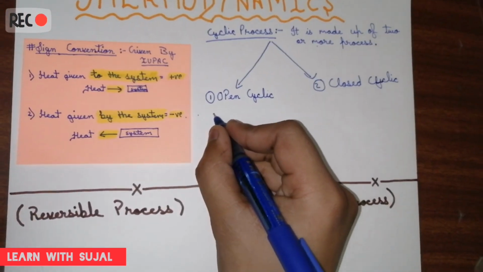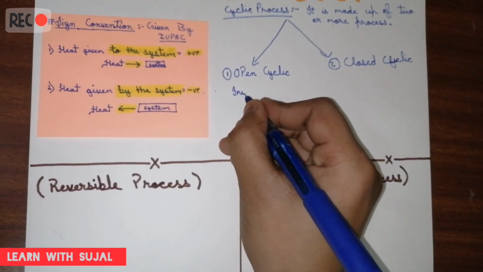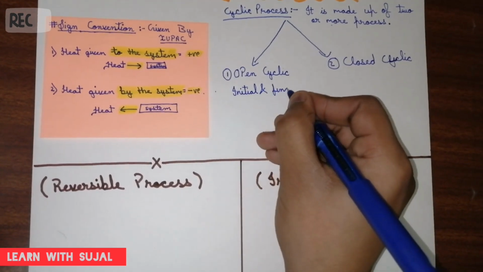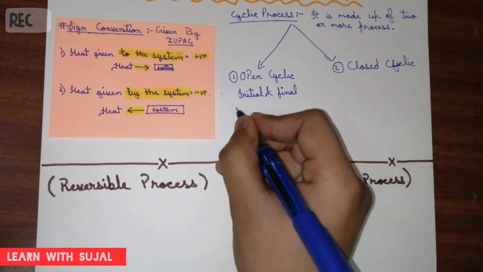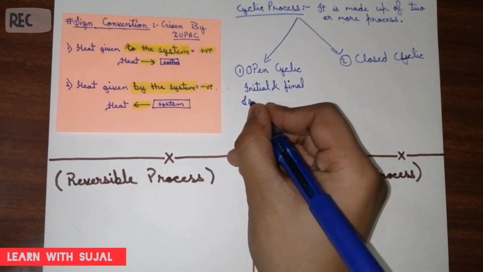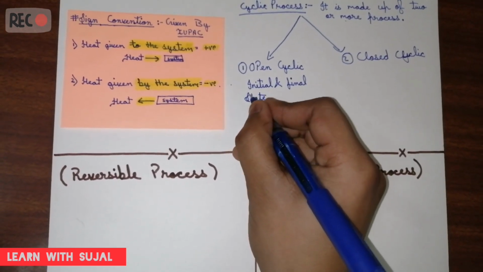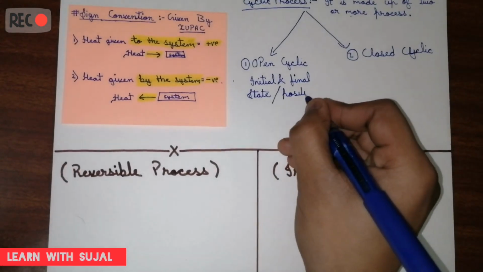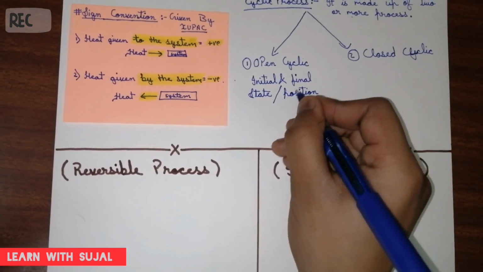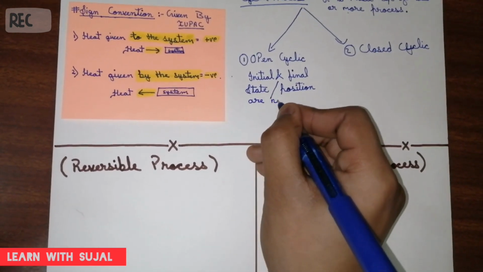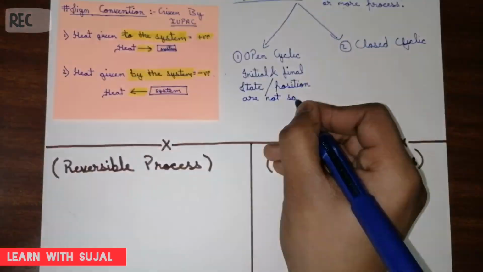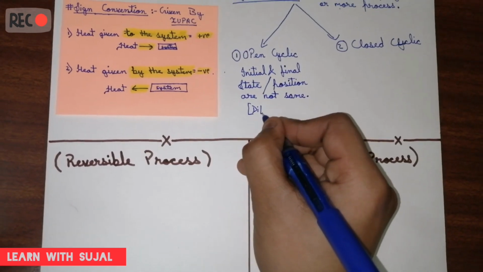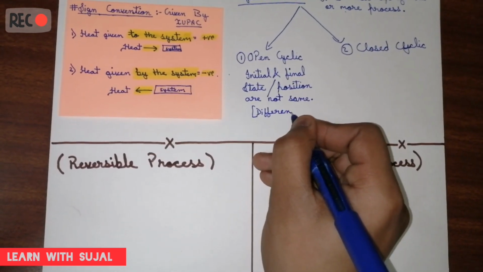In open cyclic, the initial and final state or position are not the same, it is different.